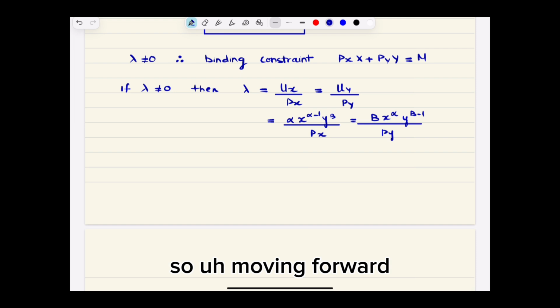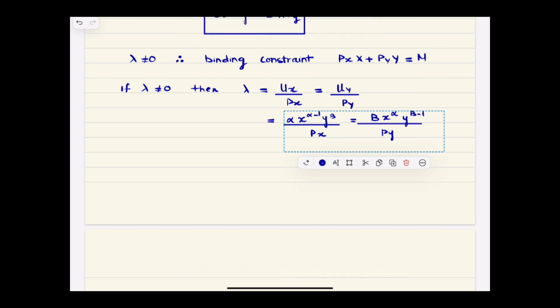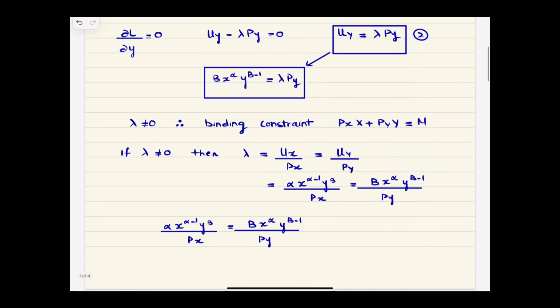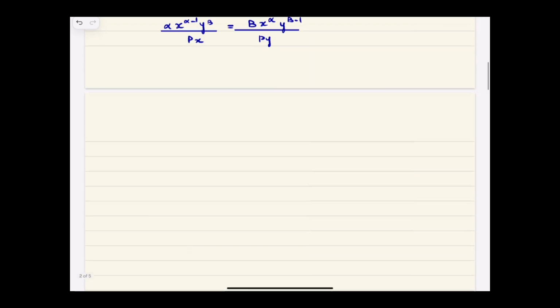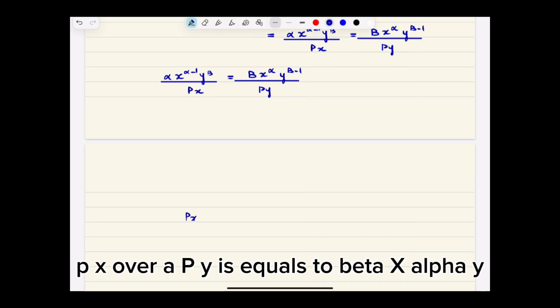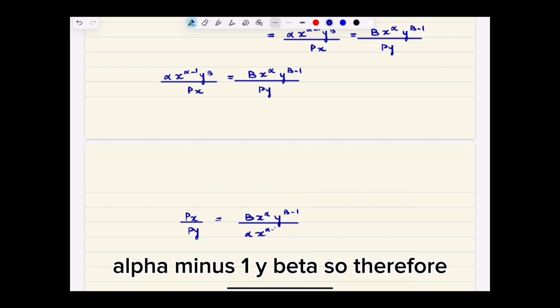So moving forward, we have this equation, and this becomes px over py is equal to beta x^alpha y^(beta-1) over alpha x^(alpha-1) y^beta.